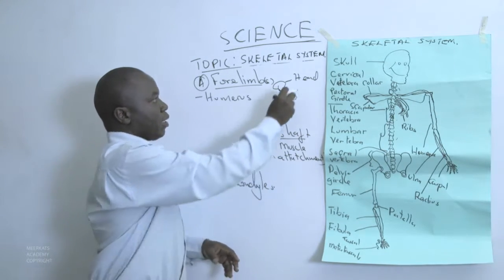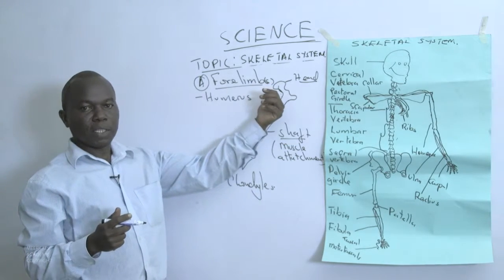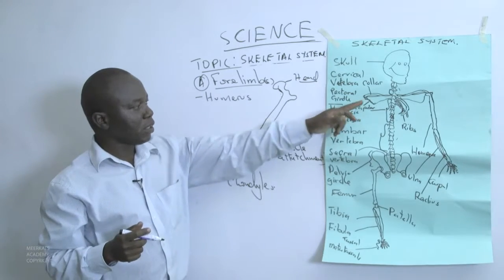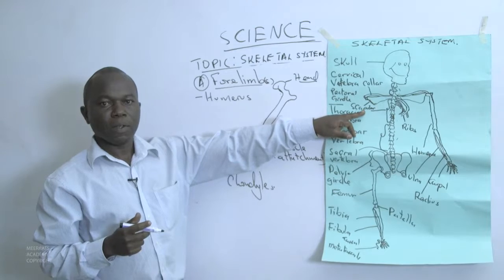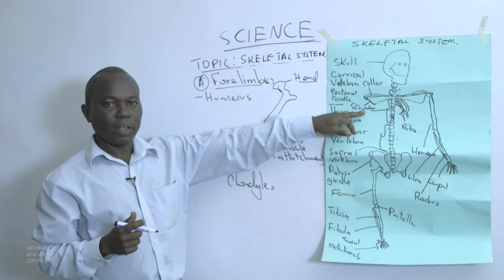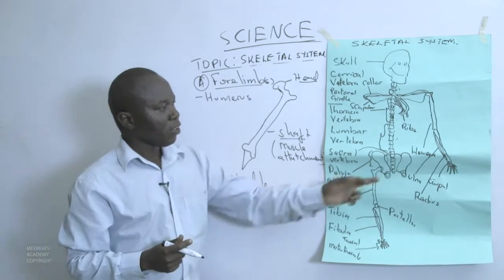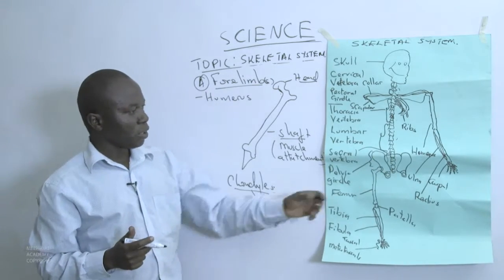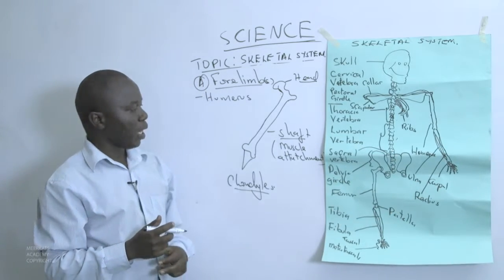The head is the one that will form a ball and socket joint when it fits into the cavity of the scapula. We call that cavity the glenoid cavity. Then the condyles are the ones that form a joint with the radius and ulna.